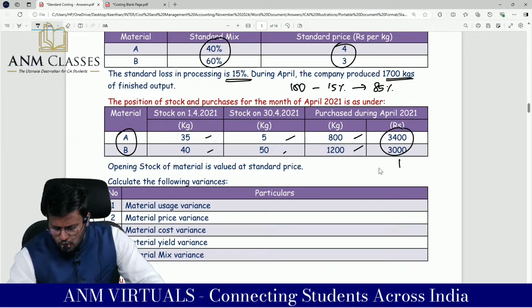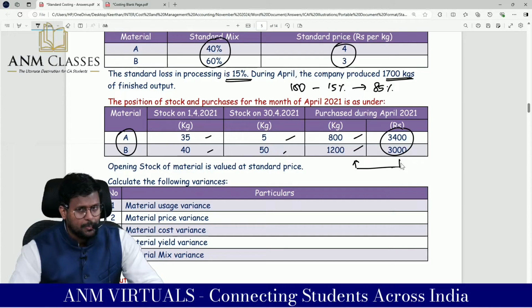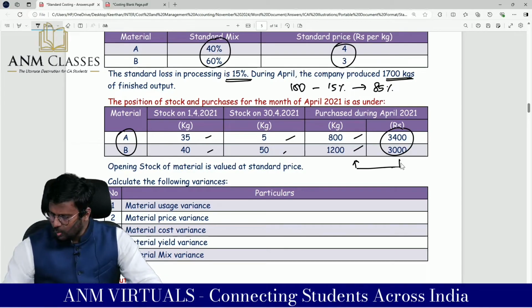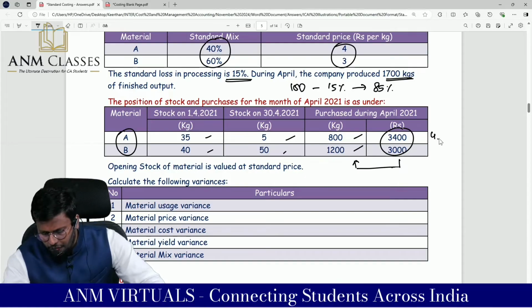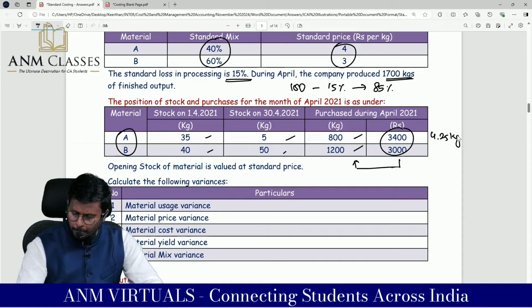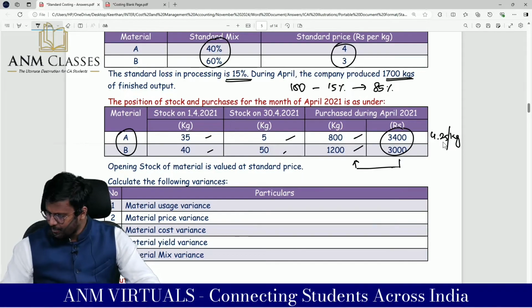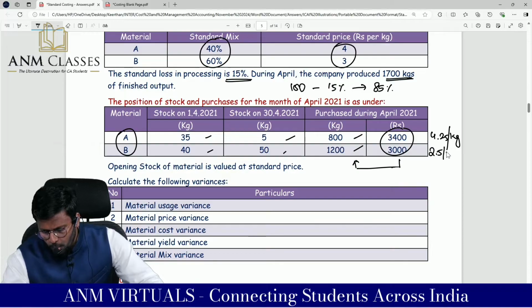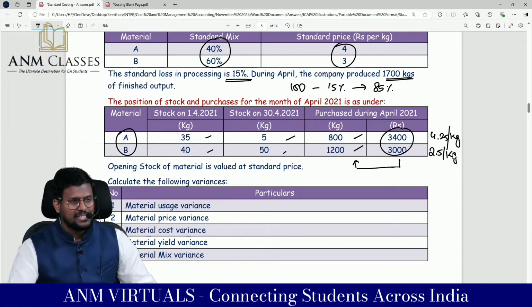With that actual price divided by kg, we can find out the actual price per unit. On the calculator, 3400 divided by 800 is 4.25 per kg. The next one, 3000 divided by 1200 is 2.5 per kg.